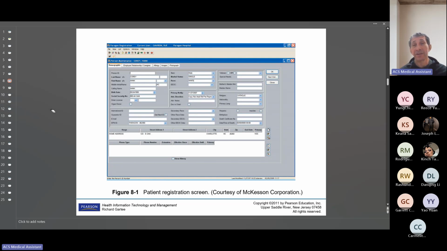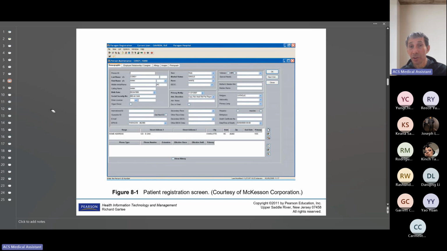So every single time that the patient comes to our office, we're going to open this and we're going to ask the patient, because the patient is going to make an appointment. But we're going to ask them, hi, Mr. and Mrs. Smith, are you still living in the same address? Is your cell number still the same?